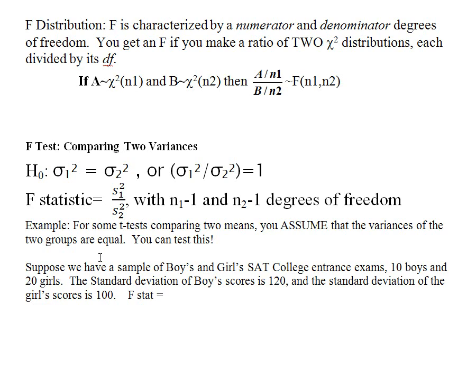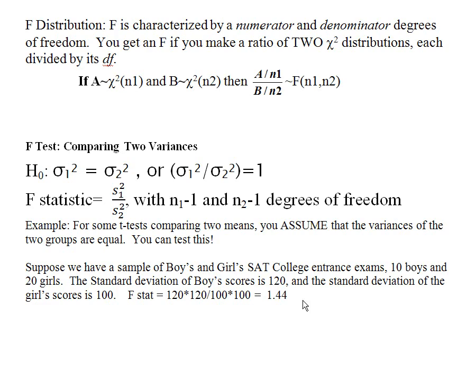Let's put the boys on top, though it actually doesn't matter which you do. 120 times 120 on the top to get the variance, and 100 times 100 to get the variance on the bottom equals. So let's pause the video and you calculate this, and I'll do the same.